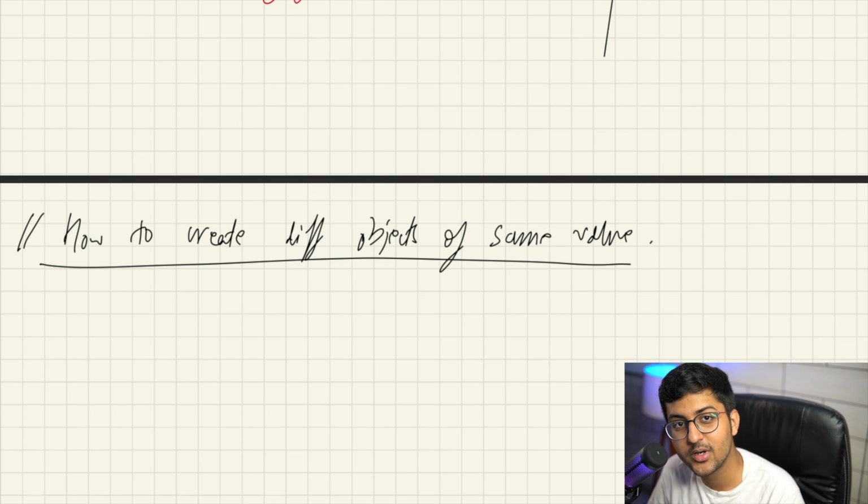And what do we use to create objects? Recap in arrays. What were we using to create new objects? New keyword. Int arr is equal to new int array size. New keyword.